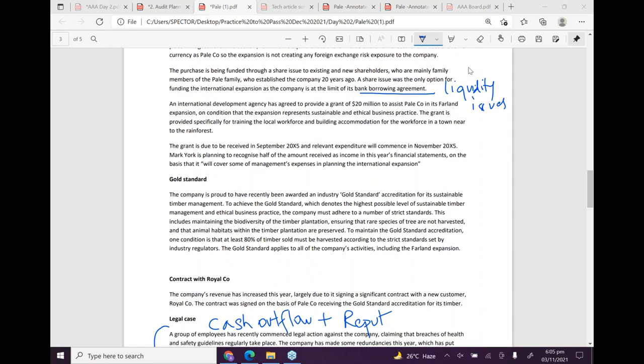Hamza, I'm reading your answer. Hamza, very well done. Very well done. Very few people pick this up. If you do not meet the grant conditions, you'll have to give it back, leading to liquidity problems. That's very well worded as well, Hamza. Yolanda, I'm reading your answer.